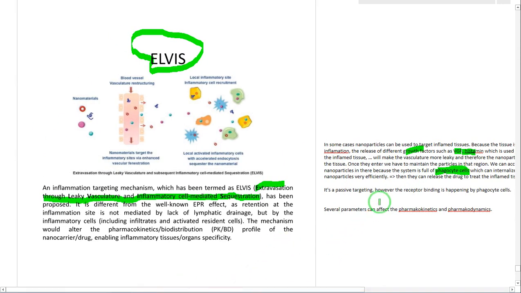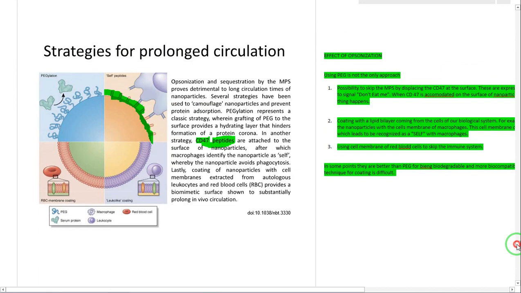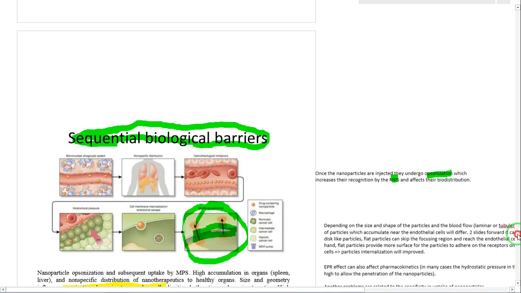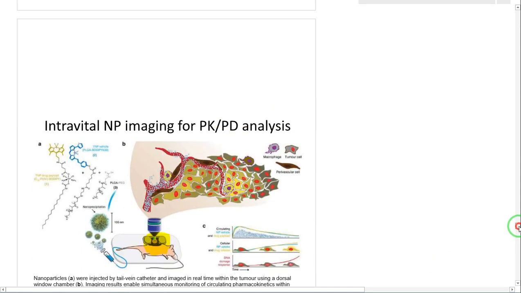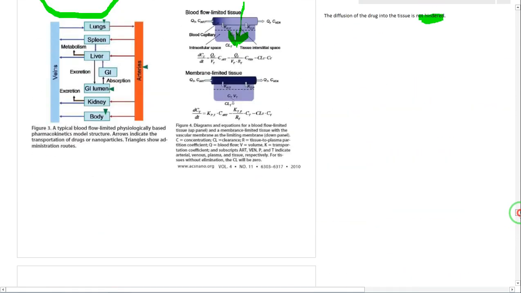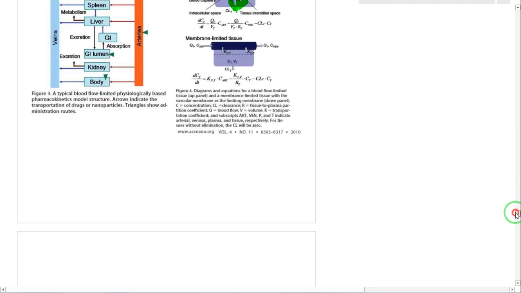So all we wanted to say about all of these examples, you saw the ELVIS, the EPR effect, the margination, the coating, and these sequential barriers, they were just intended to give you one message: that the pharmacokinetics and pharmacodynamics of the nanoparticles and the drugs which are encapsulated on their surface or within them are highly affected by different factors that we talked about.